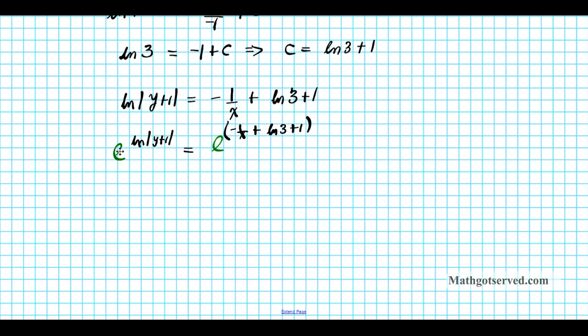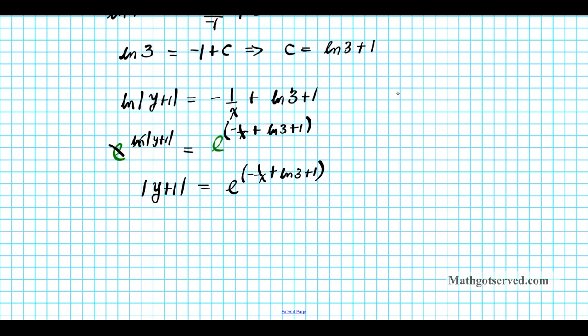Okay, like that. And on the left side, e and ln cancel each other out, so we have the absolute value of y plus 1 is equal to e to the negative 1 over x plus ln 3 plus 1. Okay?